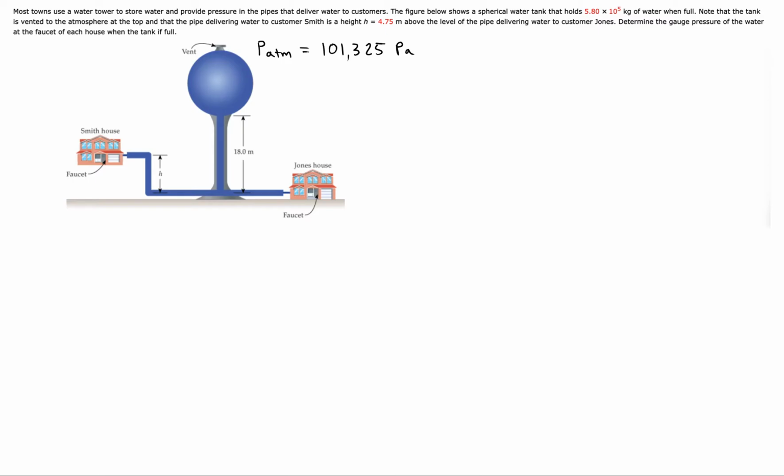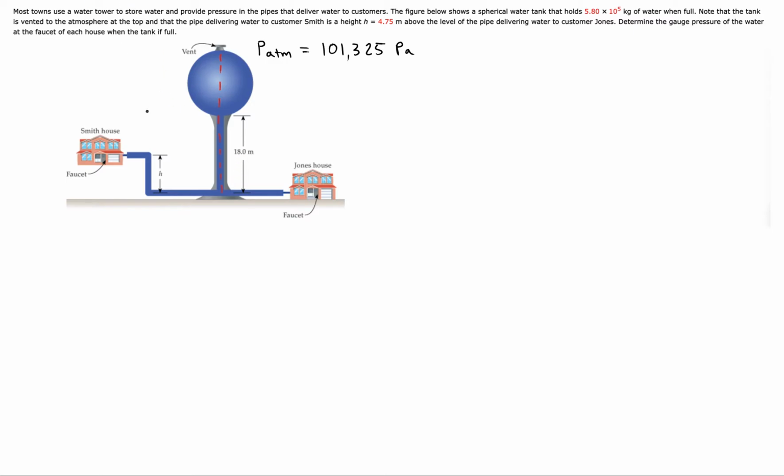And we have this formula for how the pressure changes as a result of basically what's on top of it. So if you check out the depth of the water from the vent to the base here, we got to figure out what that depth is.